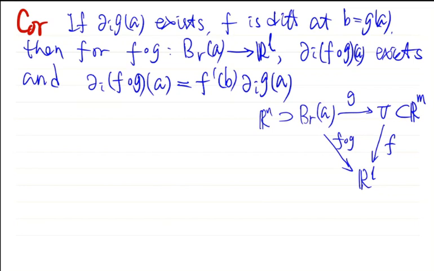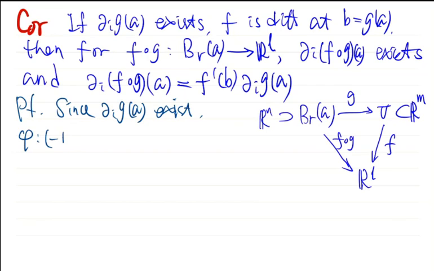So, the proof. Since the partial derivative exists, this map, we denote it by phi, from minus R, R to Rm.